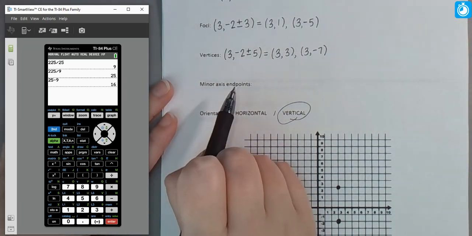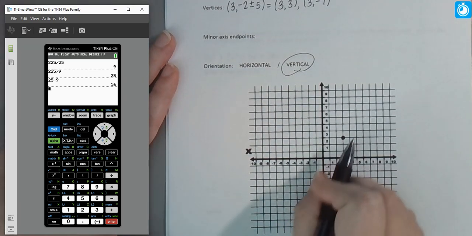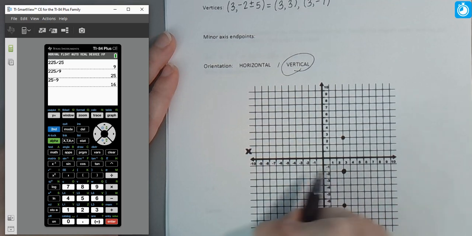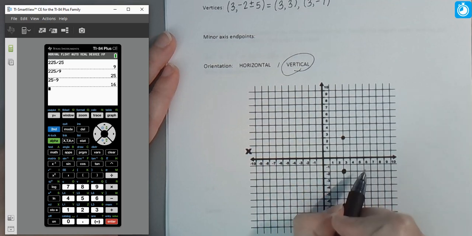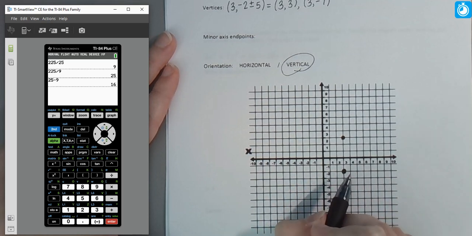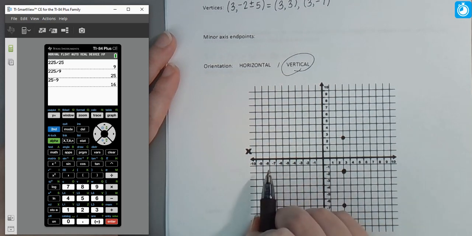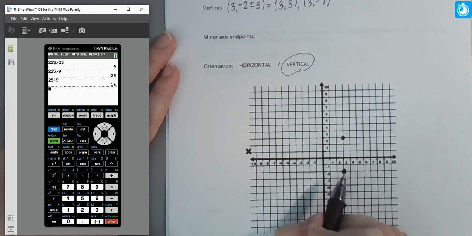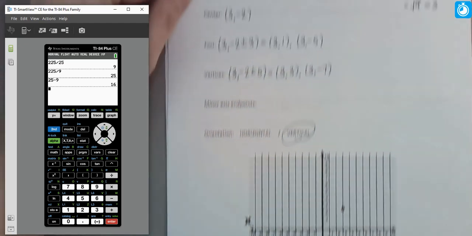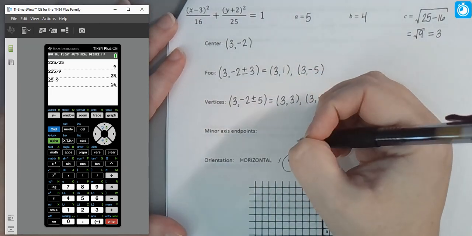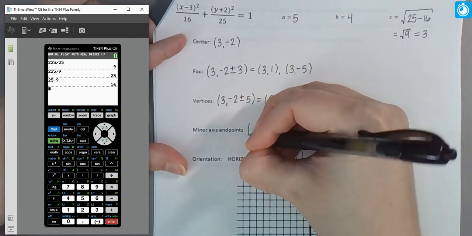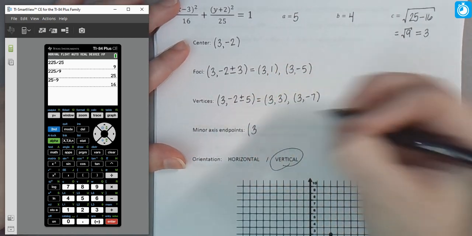Now our minor axis endpoints, if we have a vertical ellipse, the minor axis is going to be horizontal. So B units to the right, B units to the left. In other words, we're holding the y constant and then just changing the x coordinate by B units. So from the center, 3, -2, we're changing the x coordinate by B units.